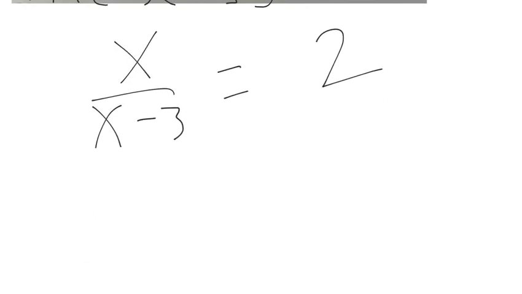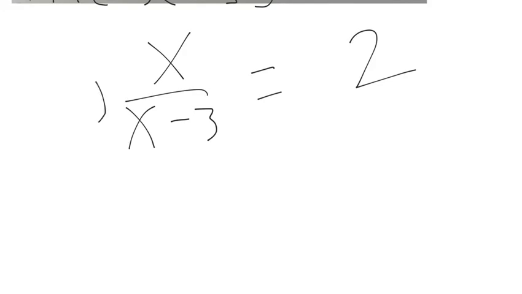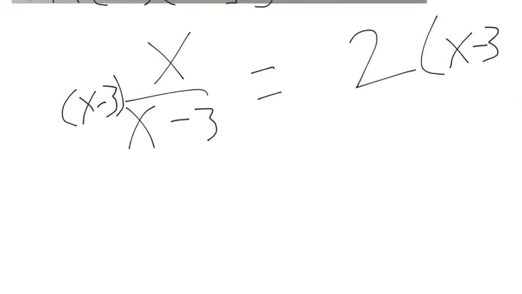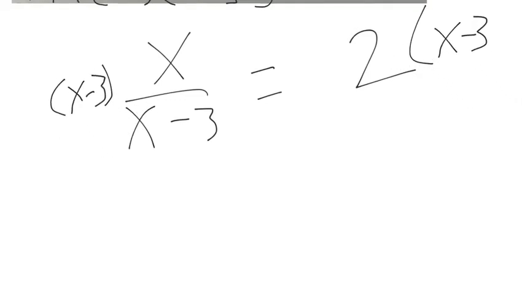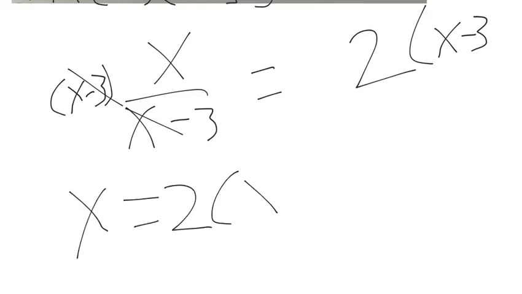You need to multiply by the denominator, because you need the x out of the denominator in order to solve for it. So multiply both sides by x minus 3, because then those would cancel out. So you end up with x equals 2 times x minus 3.